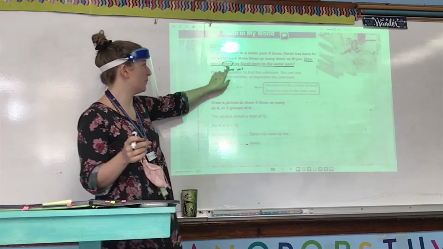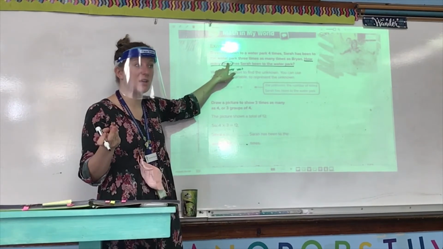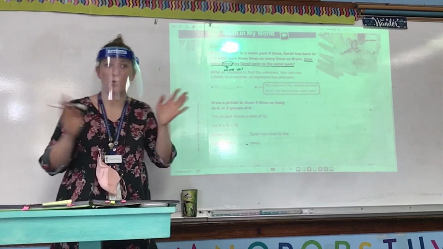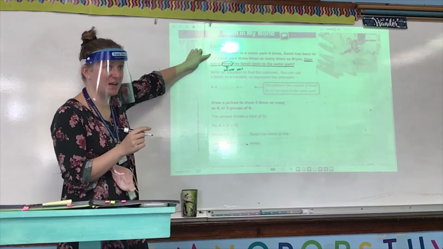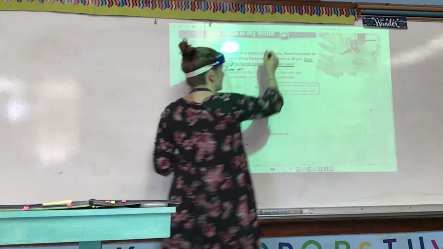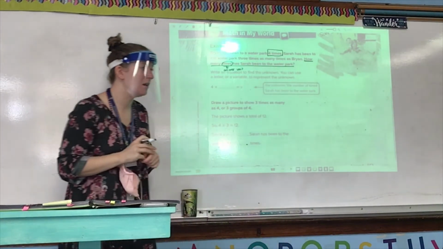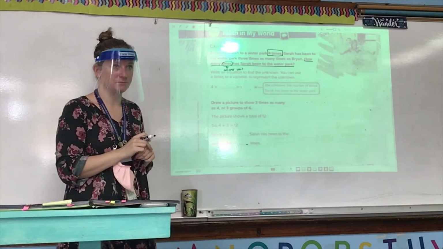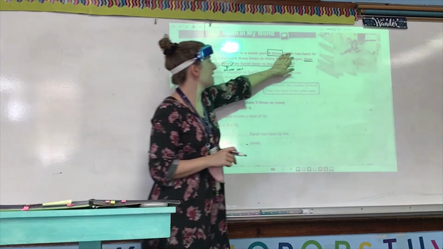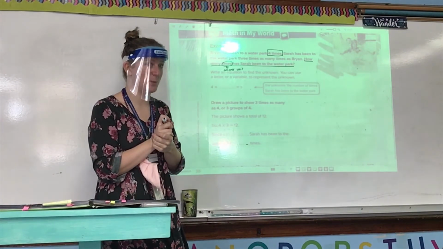We're going to find a number that represents times, and then we're going to see what number comes before times as many, times more, whatever. Brian has been to a water park 4 times. There's our first number. Times is our unit. We have a number right before, so that means 4 is the first part of our problem. Sarah has been to the water park 3 times as many times as Brian.